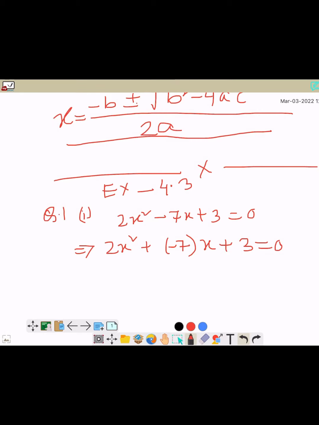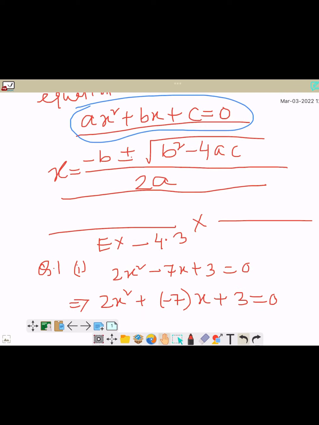What is attached with x square is 2. Then if we compare, this plus with this plus, and this plus with this plus. What is attached with x is minus 7, that is b.